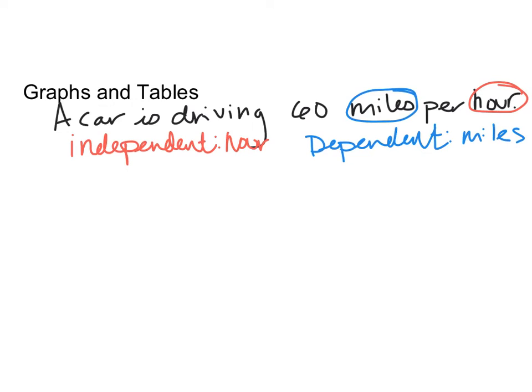Okay, so the reason why we need to know this, the main one, is because it changes how we set up a graph. So you always put the independent variable on the x-axis, and you always put the dependent variable on the y-axis.